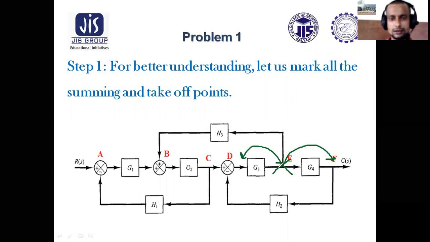Someone can opt for shifting the takeoff point after G4. So it's up to you. You can do anything you want, but make sure that you are aiming towards reducing the number of blocks so that you can get the overall transfer function. To do that, aim towards making series connection, parallel connection, or feedback connection between the blocks. For that, you need to shift takeoff points or summing points as required.